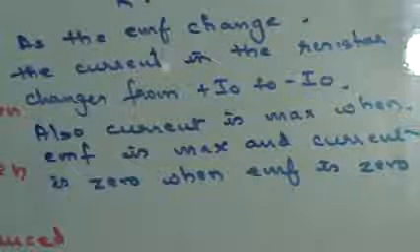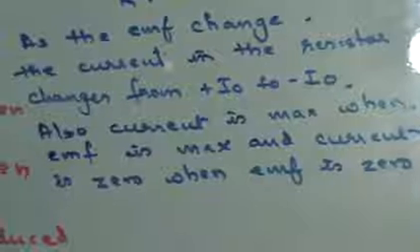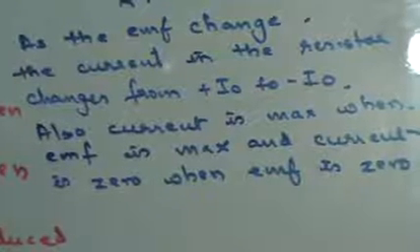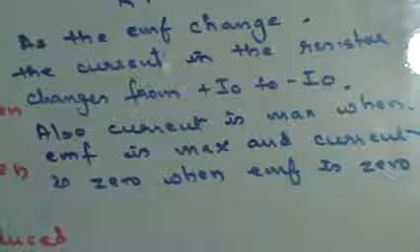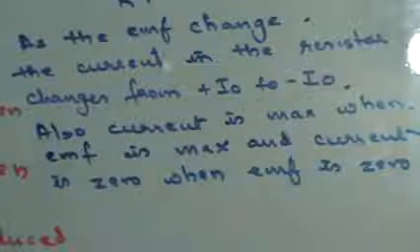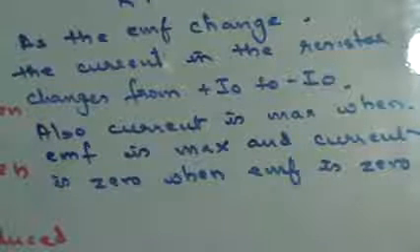Thus, from this discussion, we understand that the current in the circuit is in phase with the EMF. That means the angle between the current and the EMF is 0. The phase difference between them is 0, because the current is maximum when EMF is maximum, and current is 0 when EMF is 0.